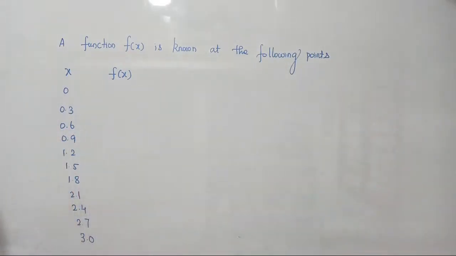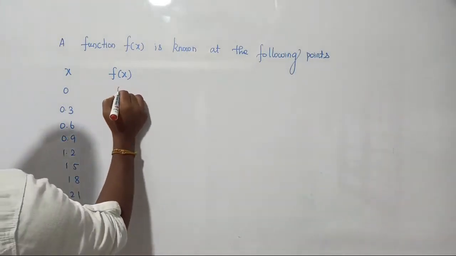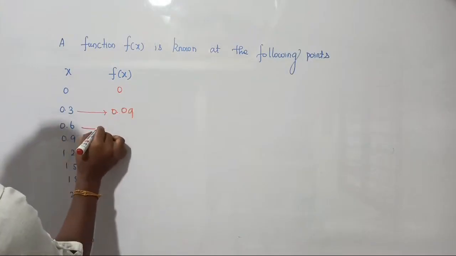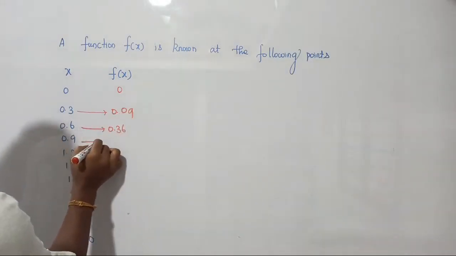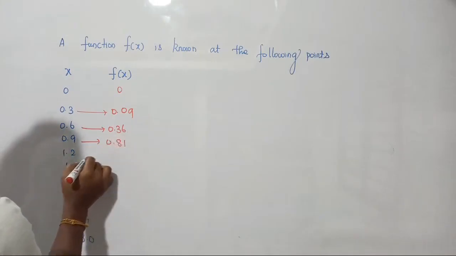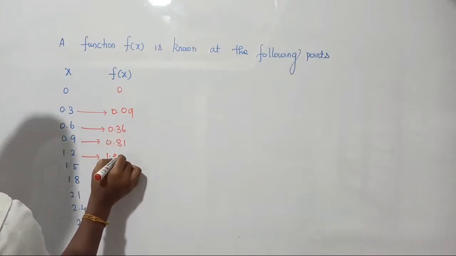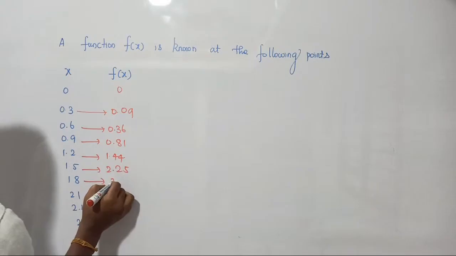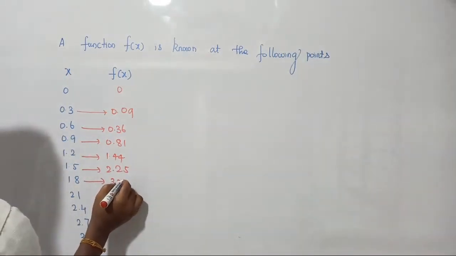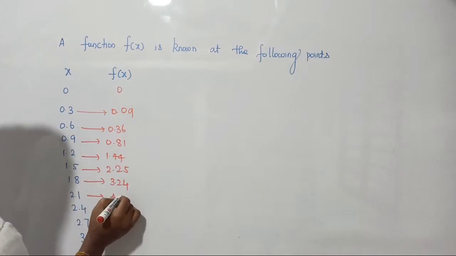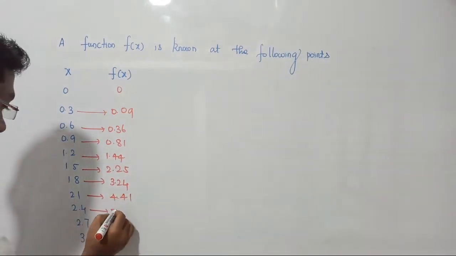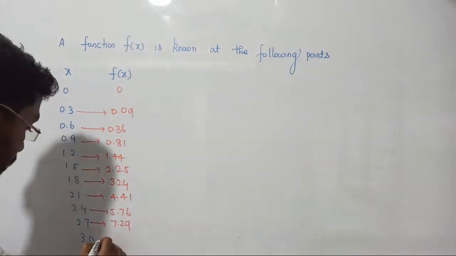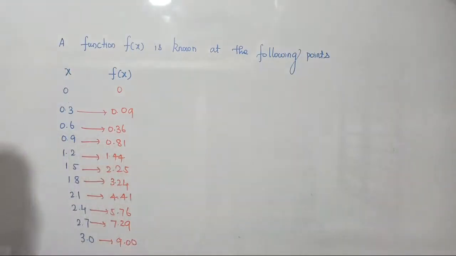Let me substitute the corresponding values they have given. For the first they are given 0, second 0.09, third 0.36, fourth 0.81, fifth 1.44, sixth 2.25, seventh 3.24, next 4.41, then 5.76, then 7.29, and then 9. Those are the given values, right?